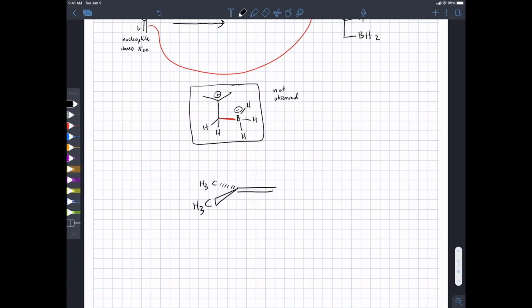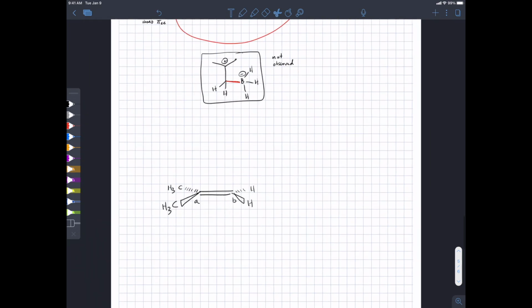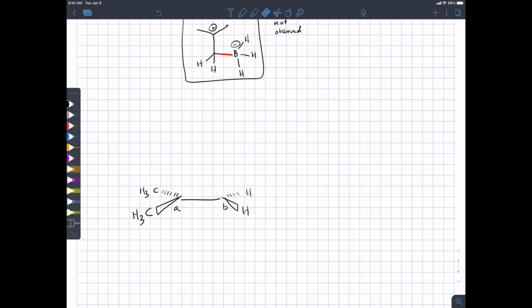Here's that more substituted carbon A, and here's less substituted carbon B. As the reaction happens, the pi bond is going to break, and it's going to break in such a way that the electrons are more towards carbon B, and there's a buildup of positive charge on carbon B. At the same time, we're making a new bond between boron and carbon.